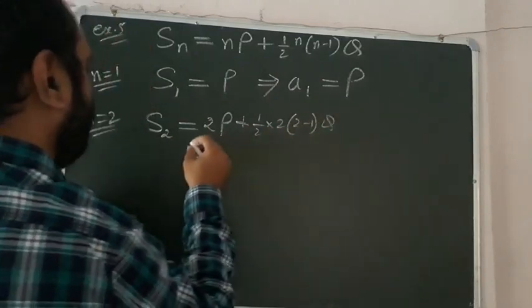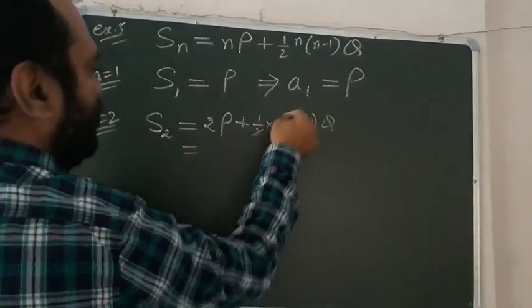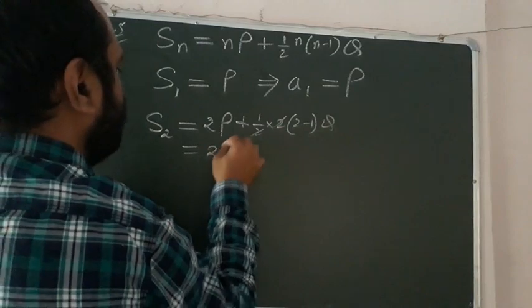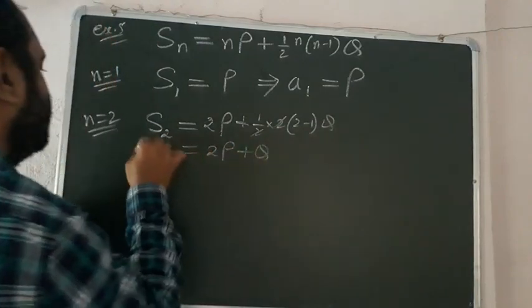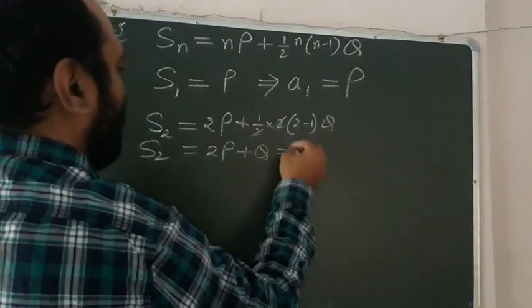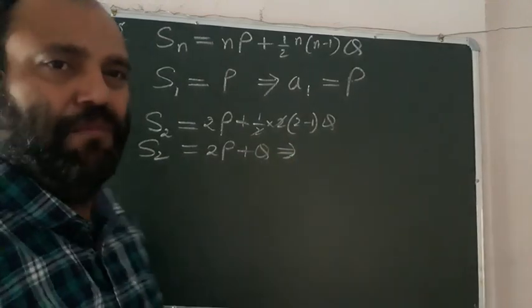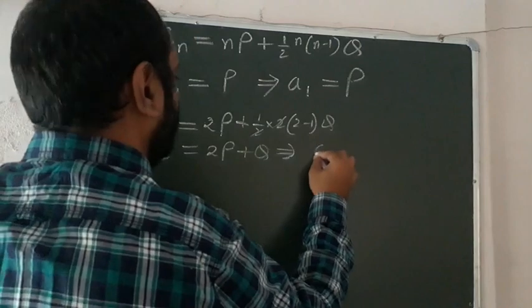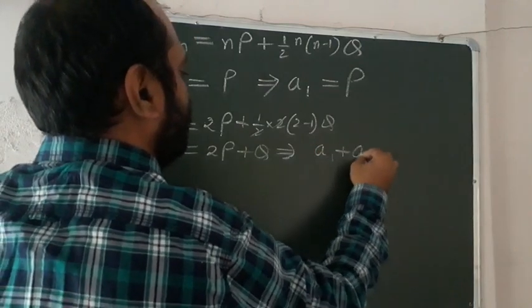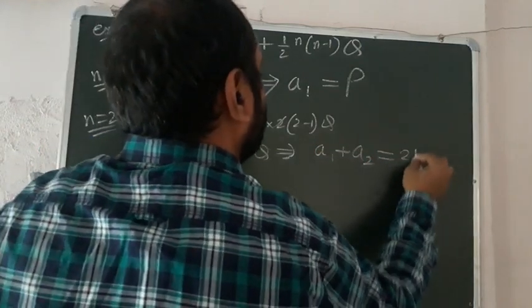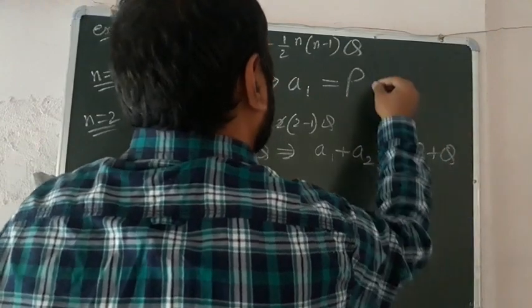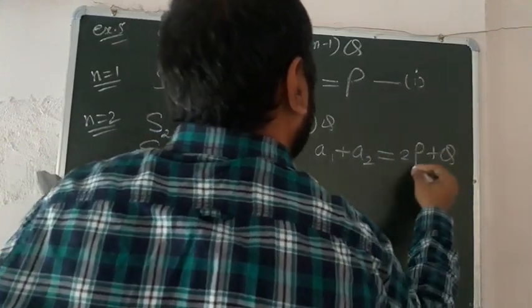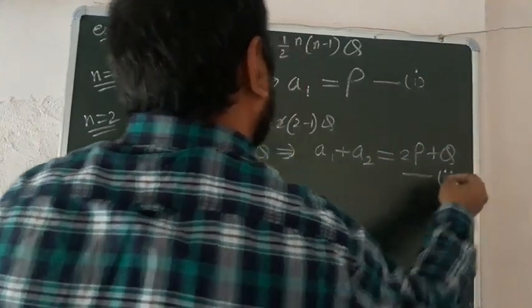When we simplify this, you will get 2p plus q. As you know, S2 means the sum of the first two terms. So A1 plus A2 is equal to 2p plus q. So this is equation number 1 and this is equation number 2, right?